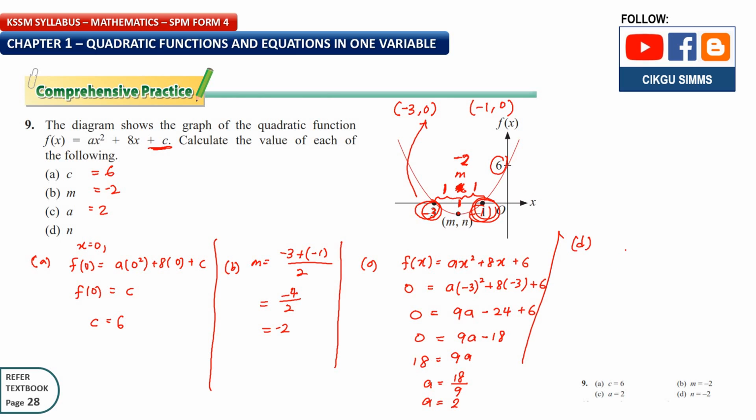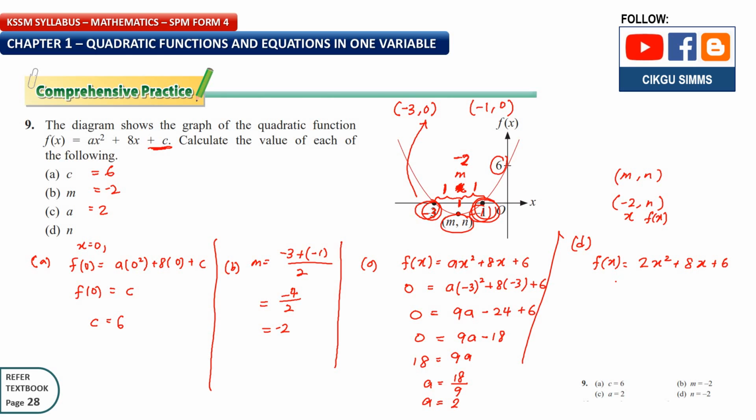Question D. Value of n. Okay, so you already know the m is -2, right? What is the value of n? So you know that this is your x, this is your fx, right? Okay, so fx equal to 2x squared plus 8x plus 6.